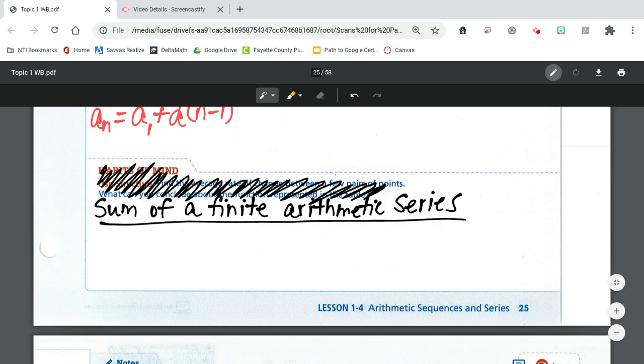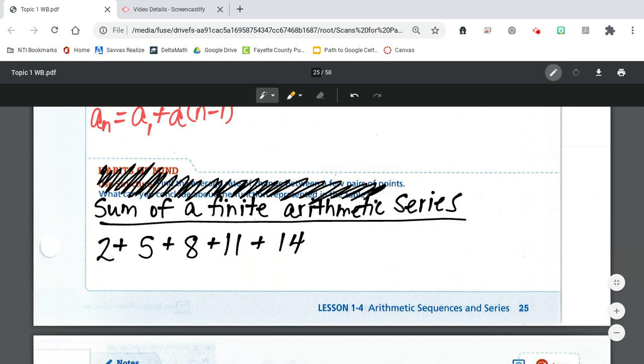So what an arithmetic series is, it's like a sequence, but instead of commas separating the terms, we have plus signs. So let's say I had the sequence 2, 5, 8, 11, 14. Well, if I add the terms together, that turns it into a series.